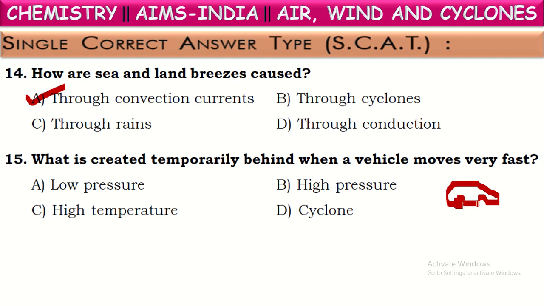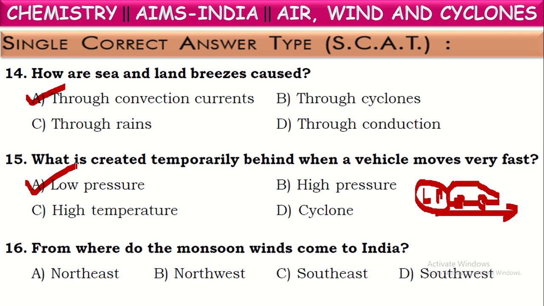Suppose a vehicle is moving very fast in this direction, then behind this vehicle a very low pressure area is created because air will move along with the vehicle at high speed. So behind a car or any vehicle moving at high speed, a very low pressure area is created.